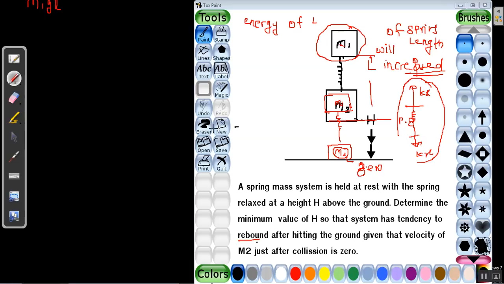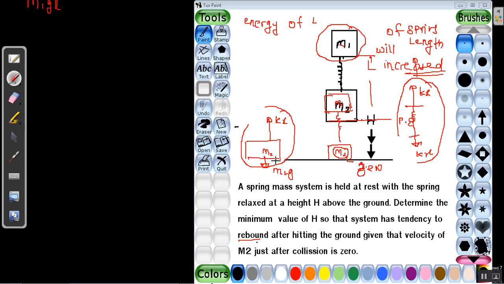Now, one important thing I should tell. This is m2, here is the force m2g, and here is kx. It is just about to leave the ground, so this is a very important concept.